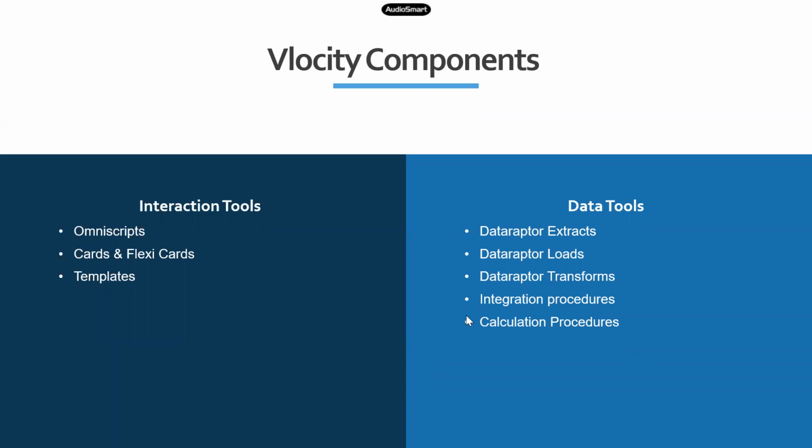There is again a lot of change that happened. Earlier, Vlocity UI components used to use AngularJS. All the architecture of these UI and interaction tools was built around AngularJS.